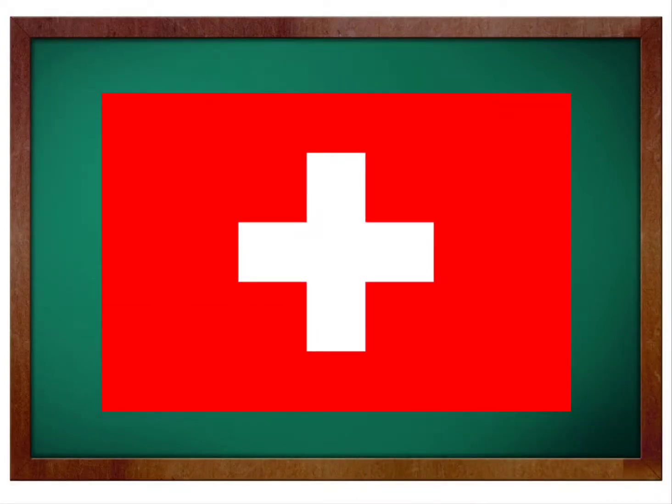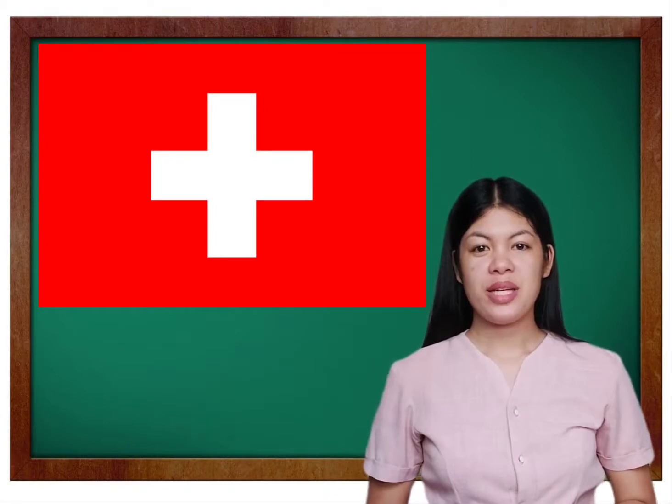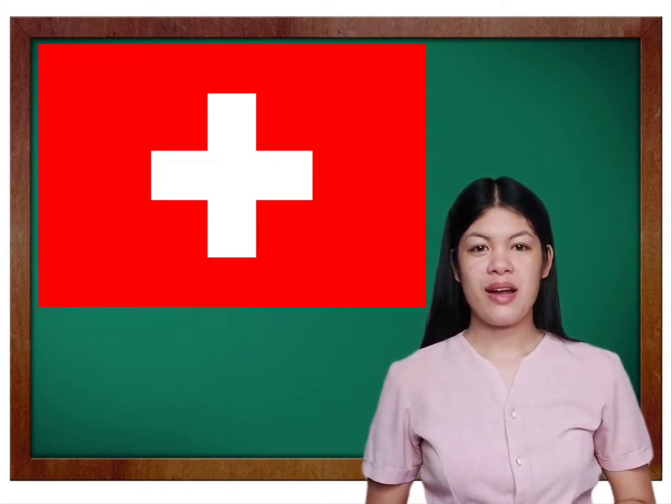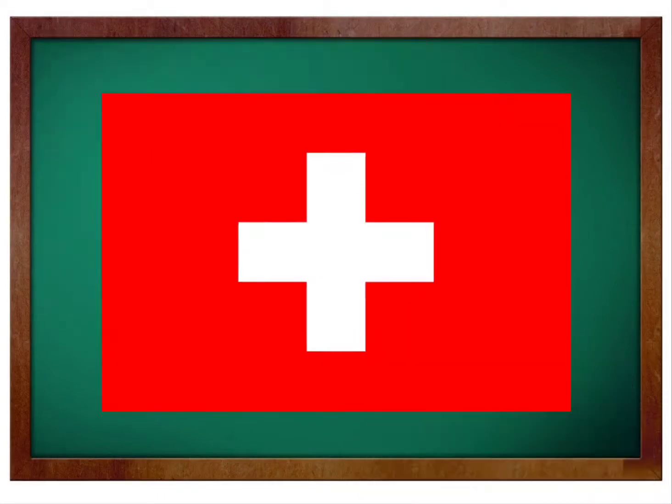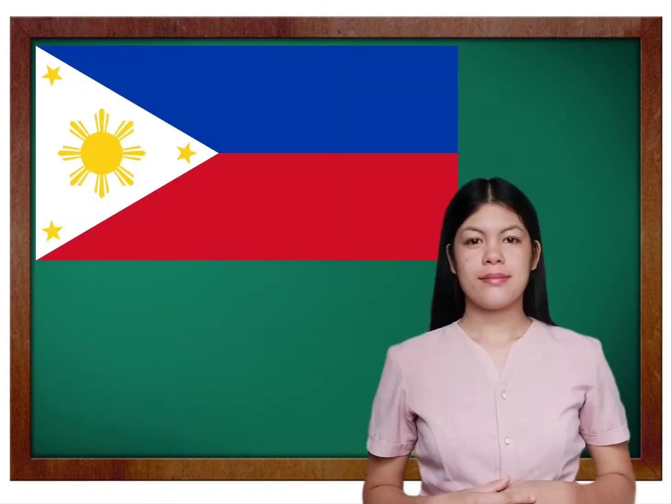This flag has a symbol of cross and a shape of rectangle. What do you think are the tools and instruments used to draw this flag? Yes, that's great. The tools and instruments used to draw this flag are T-square and triangle.